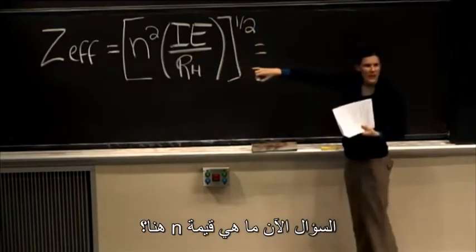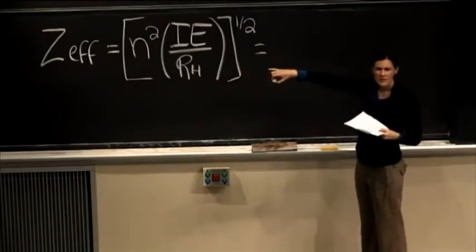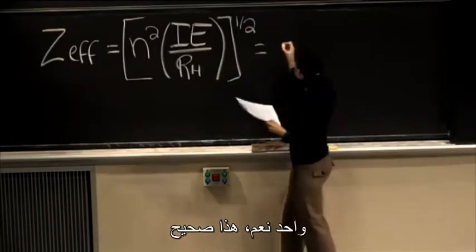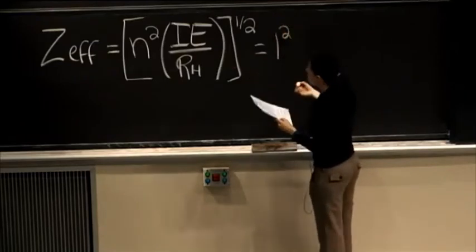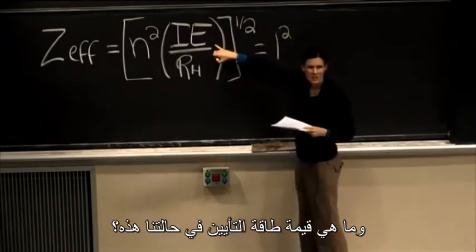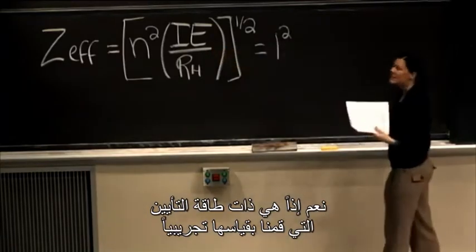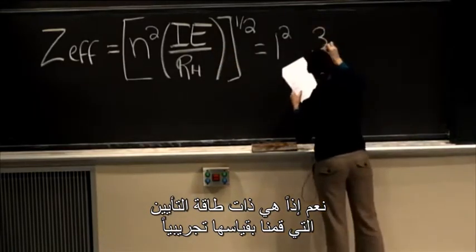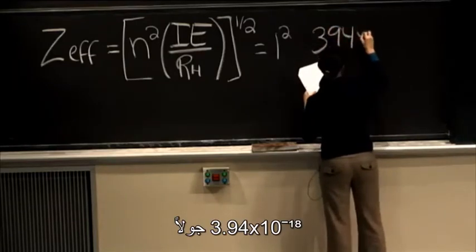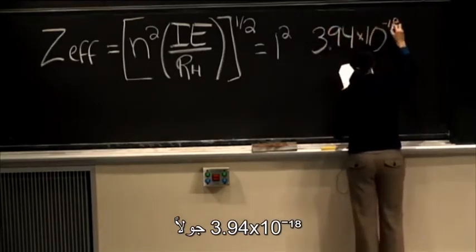So what's our value for N here? 1. Yep, that's right. And what's our value for ionization energy? Yep, it's just the ionization energy that we have experimentally measured, 3.94 times 10 to the negative 18 joules.